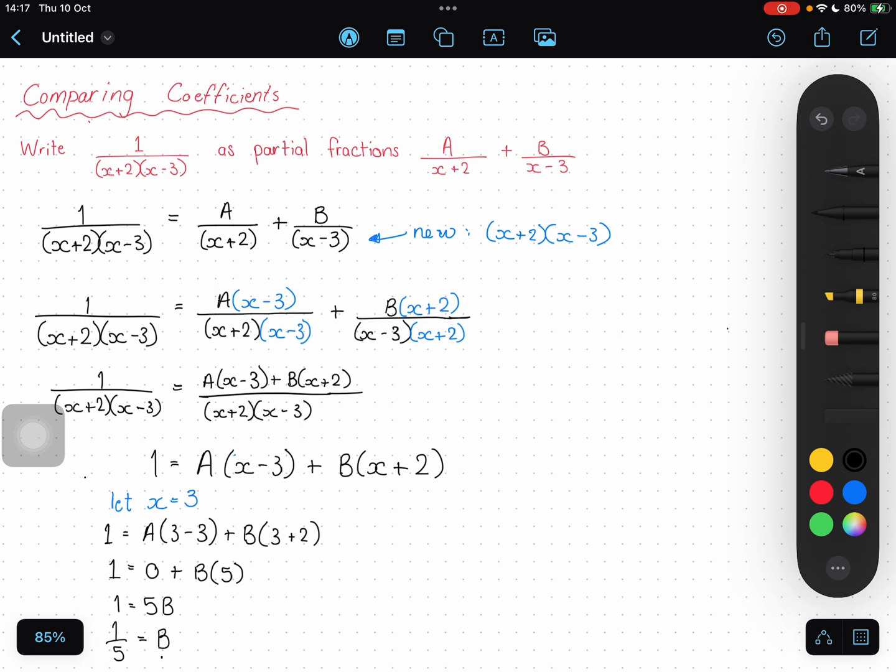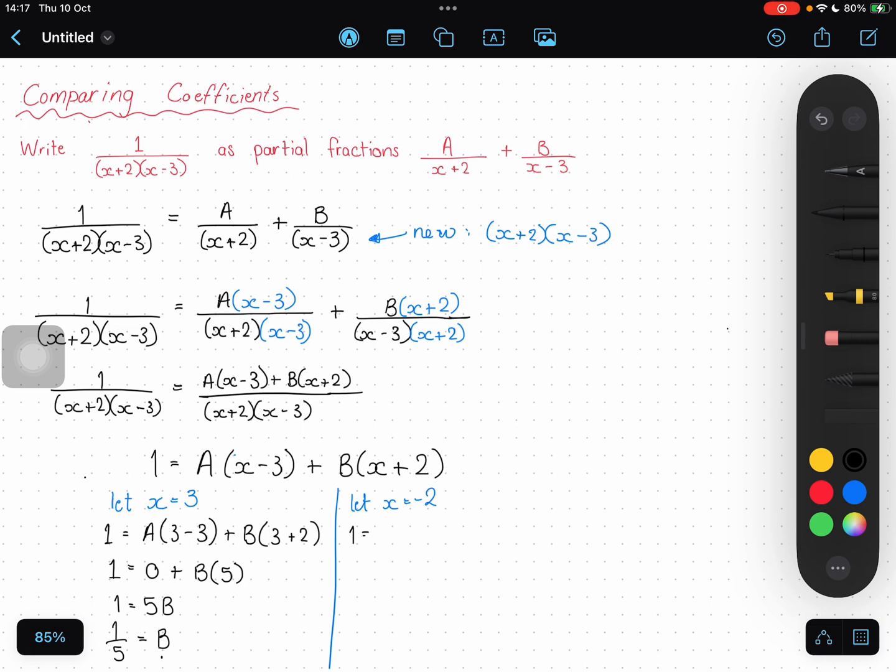I'm going to do the same thing again because I've only found b there. So I'm going to do the same thing but getting the b part to disappear. So here, how will I get b to be multiplied by 0? Well, we have to let x equal minus 2. So again, let's do out this equation.